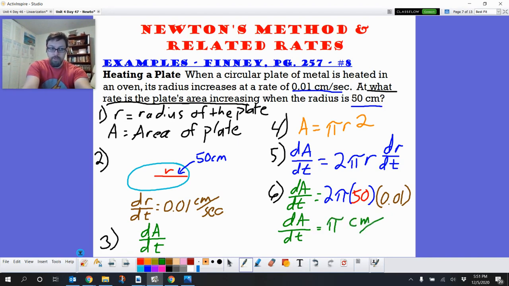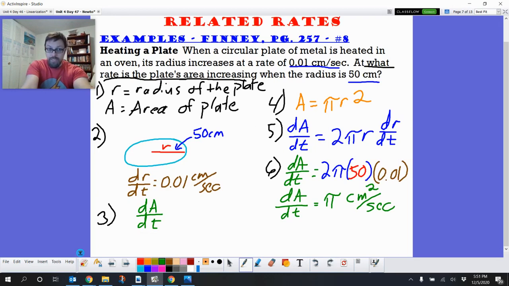centimeters per second. But this is an area, and an area changes in not centimeters, it changes in square centimeters. So it's gaining pi centimeters squared per second. Now, that's not enough to say that we're done. We need to write this out.